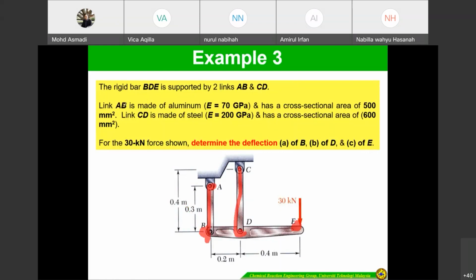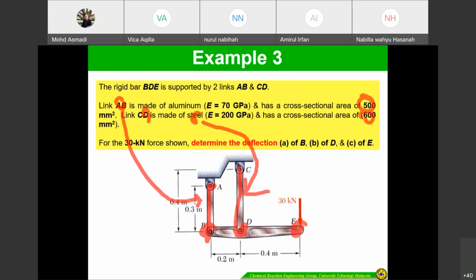Link AB is made of aluminium and CD is steel. Different materials, and the cross-sectional areas are also different: 500 for AB and 600 for CD. For the 30 kilonewton force, determine the deflection at point B, point D, and also point E.